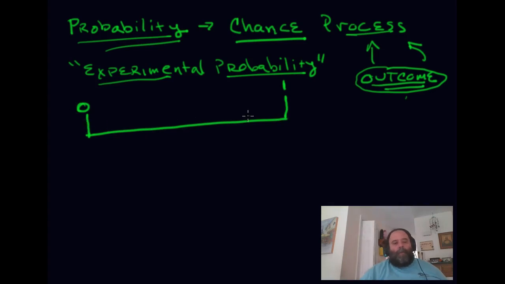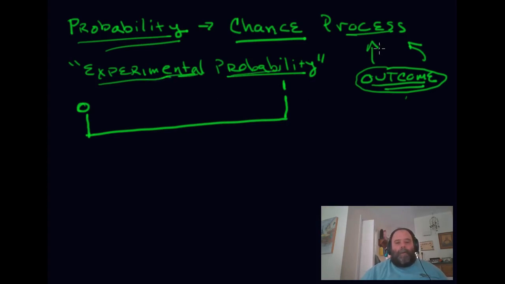Sometimes it's 0: if you roll a 6-sided die, the probability of a chicken popping up is 0. Or if you roll a 6-sided die, the probability of getting a number from 1 to 6 is 1. Most outcomes of a chance process land between 0 and 1. And this is the idea of experimental probability.